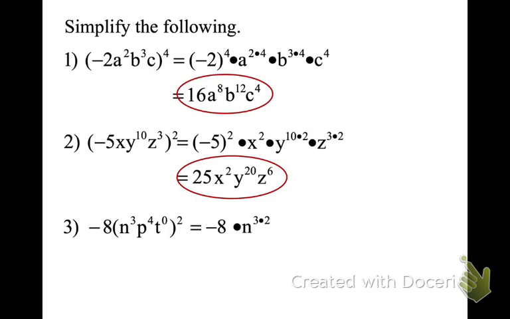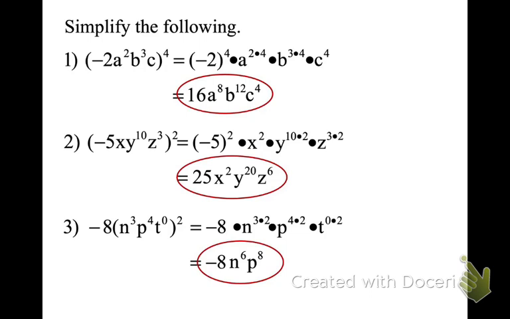And then we're doing p to the 4th times the 2nd power. And then we're doing t to the 0 times the 2nd power. Okay, so we get negative 8 n to the 6th, p to the 8th, and t to the 0 really equals, what is t to the 0, right? 0 times 2.